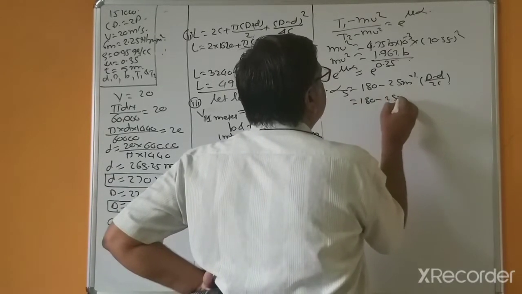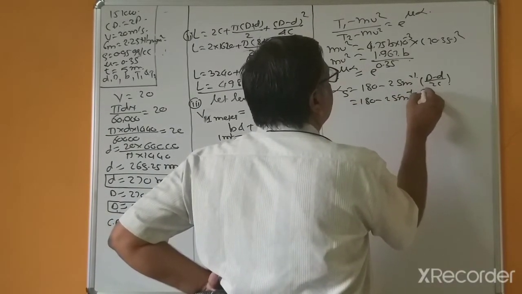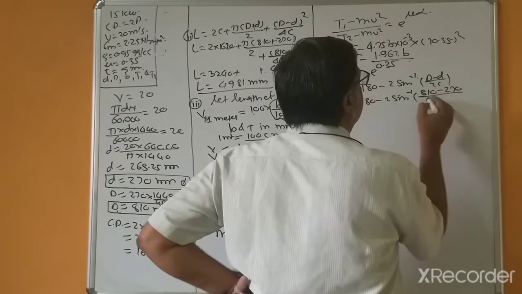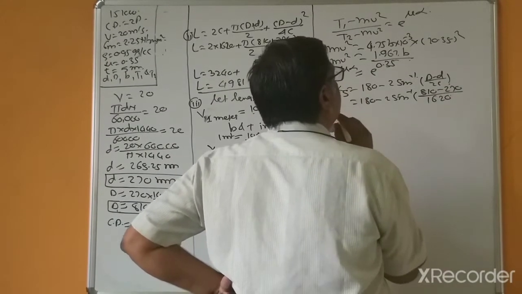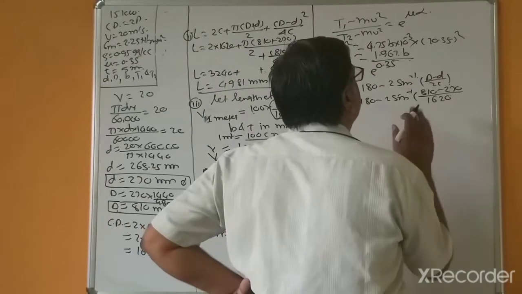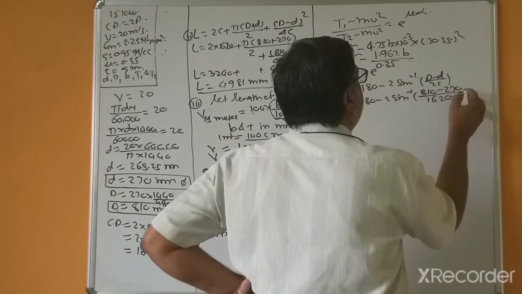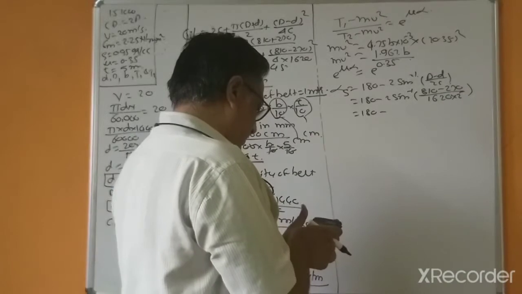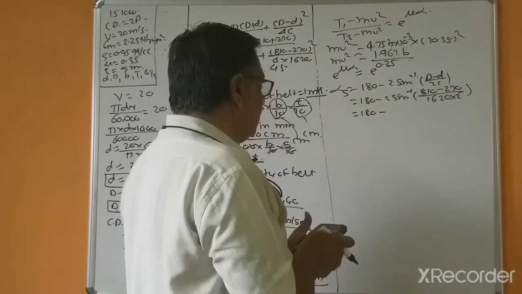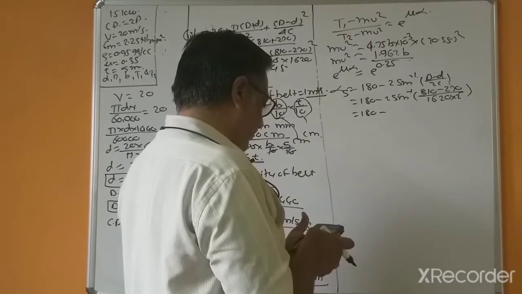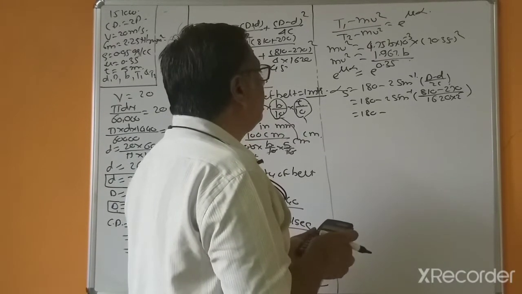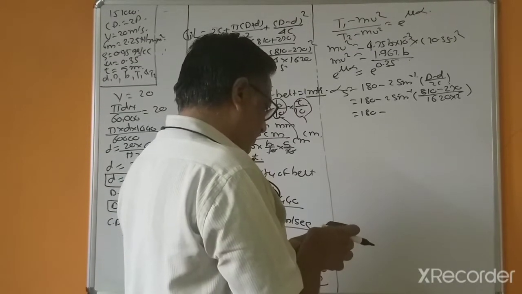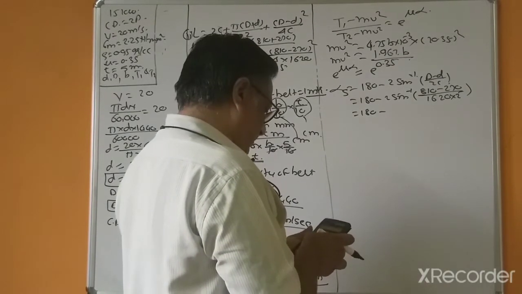So 180 minus 2 sine inverse of (810 minus 270) divided by (2 multiplied by 1620), that is 3240, sine inverse, multiplied by 2.